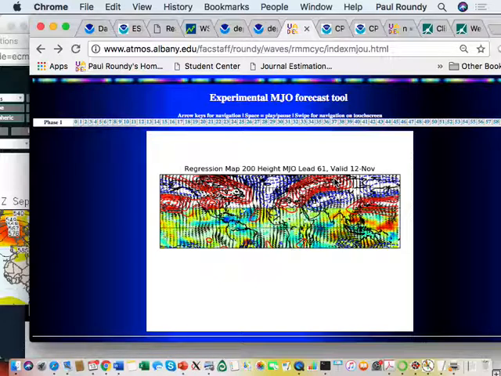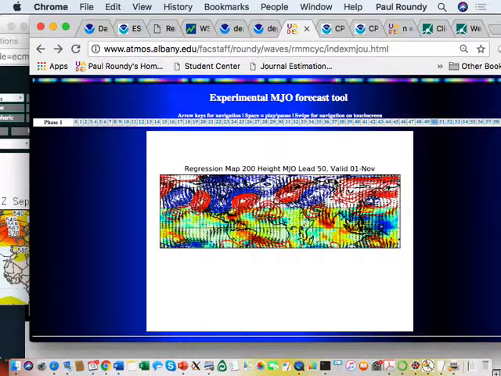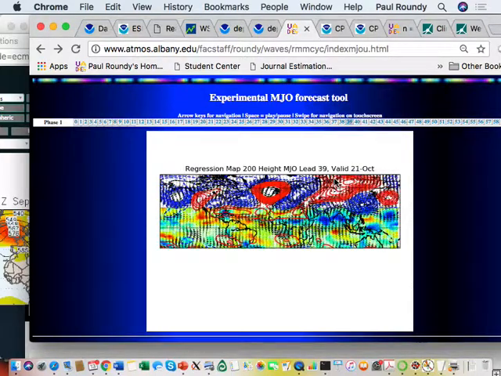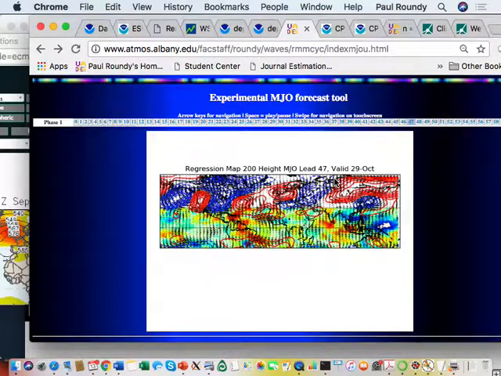But even ignoring the equatorial Rossby wave pattern, just taking the MJO signal by itself, there's a pretty high probability of a cold event developing across October in the eastern United States.